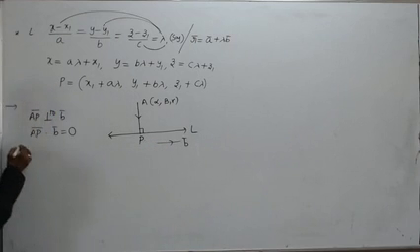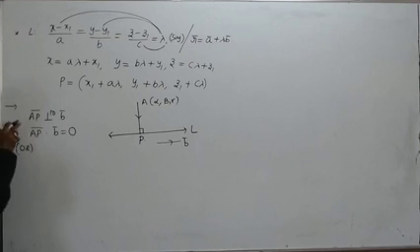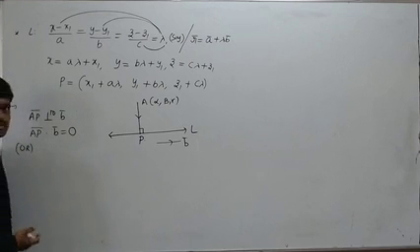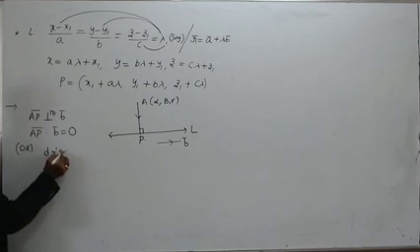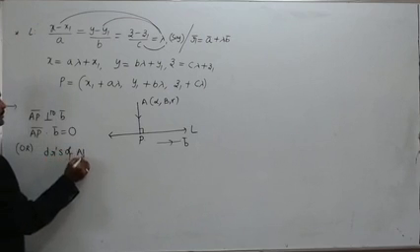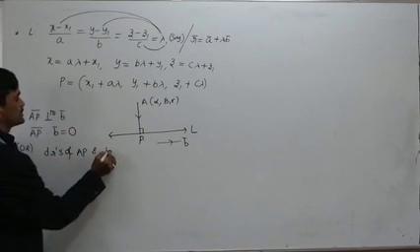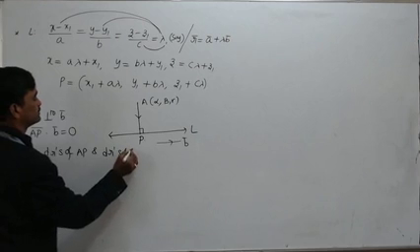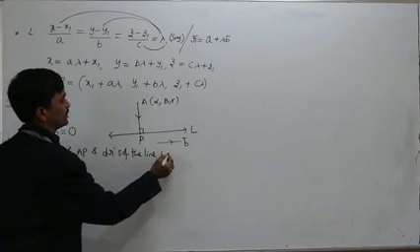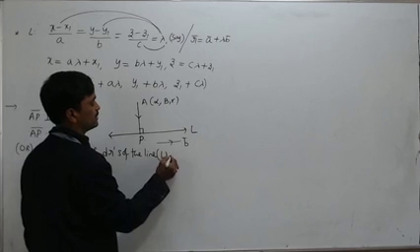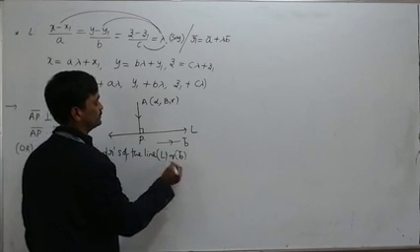Or you can use method 2. So this was the vector form; now I'm explaining method 2, which is the Cartesian form. First you find the DRs of AP and the DRs of the line, which are nothing but the DRs of b bar only.